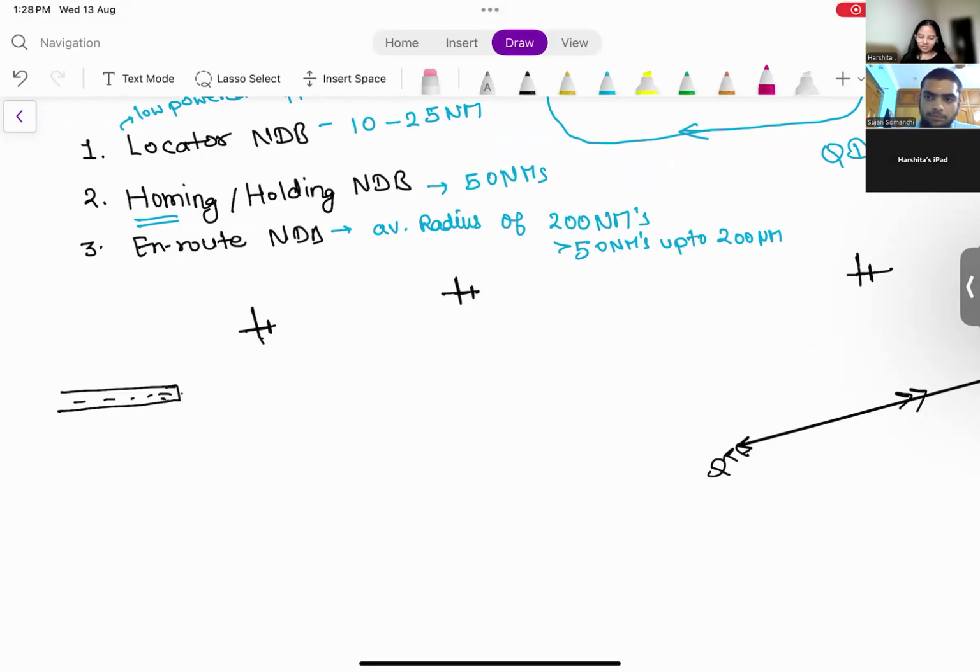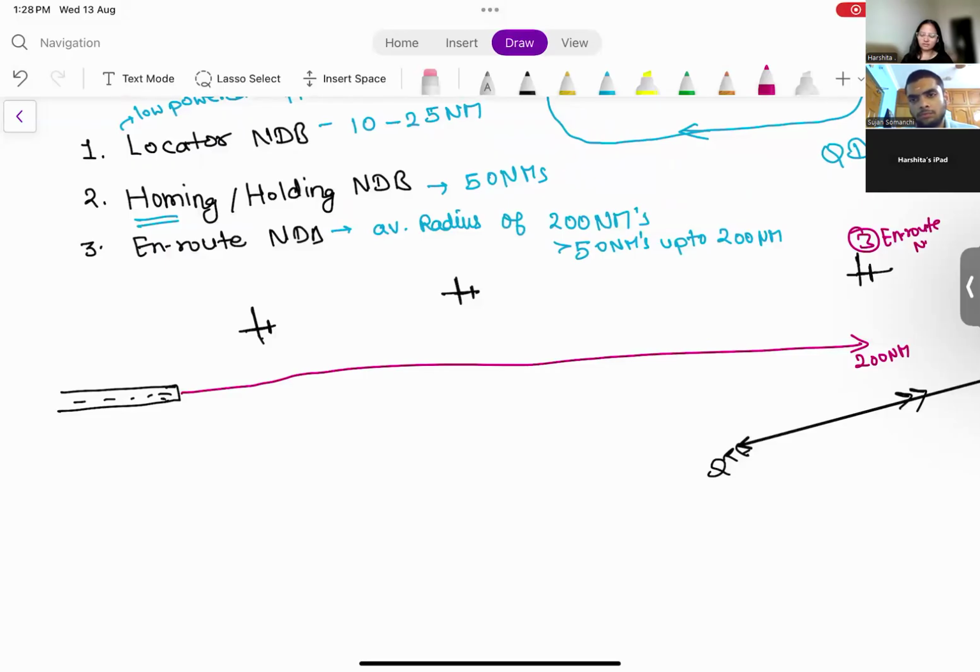If it is far away till 200 nautical mile, it is number 3, which is en route NDB. It is nearby, that is 50 nautical mile. Then it is homing NDB. And if it is much closer, like between 10 to 25 nautical mile, this is locator NDB. Will you remember this now?